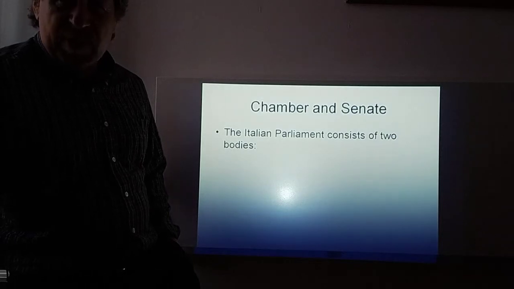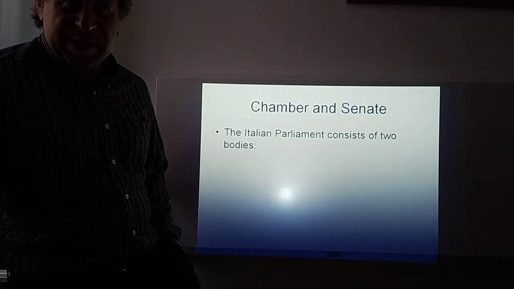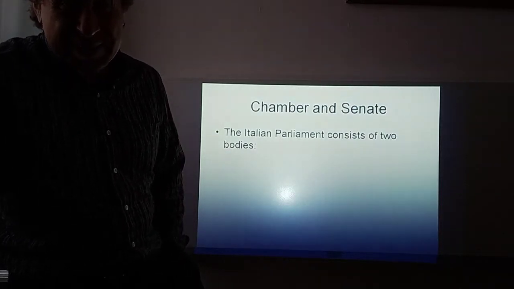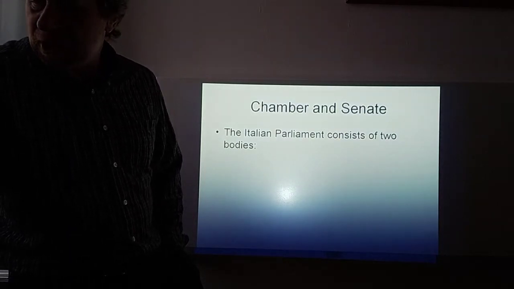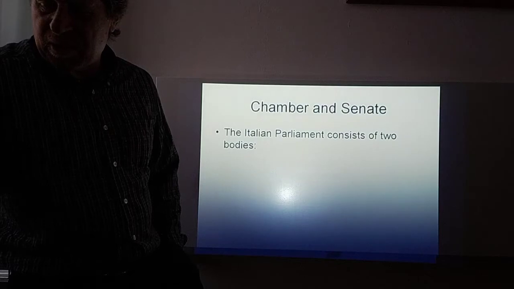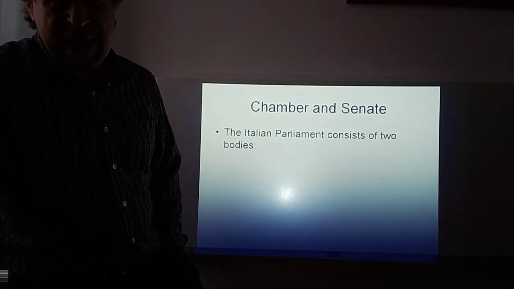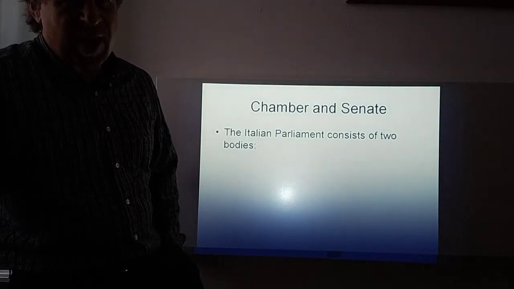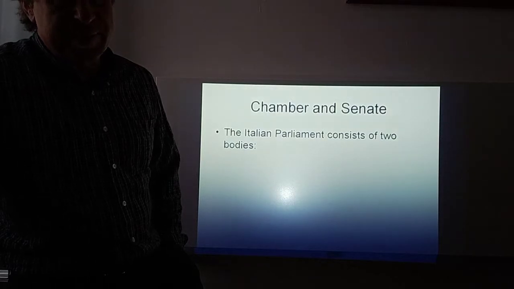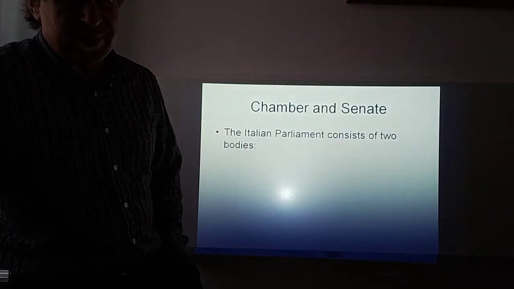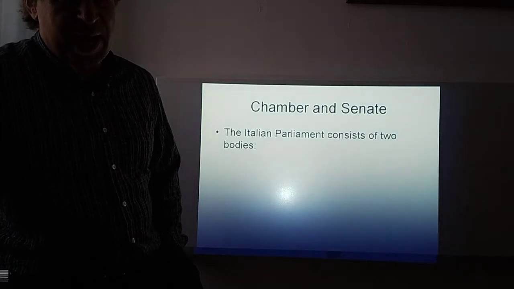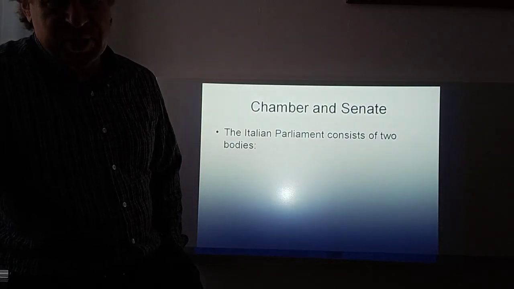Or they can represent different classes. Now this is interesting because that's how it started in Italy and in England. In Italy, you had the king Albertino that decided to preempt any revolution, political revolution like the revolution in France.